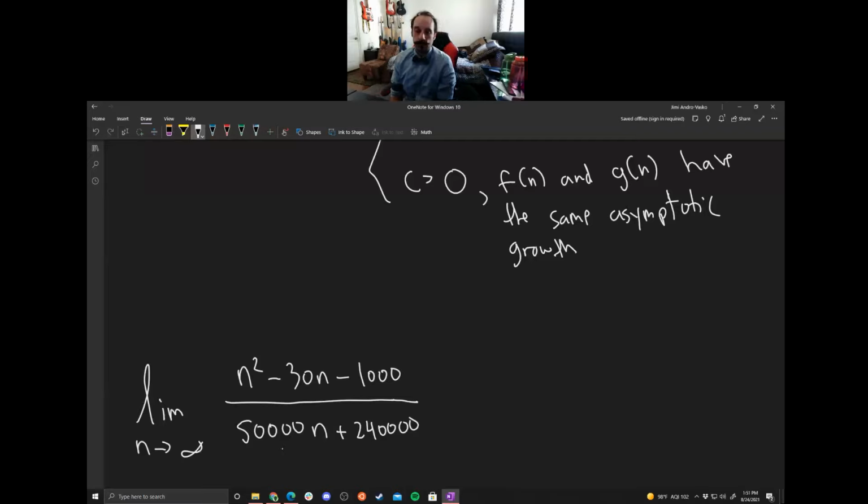However, the function up top will pass it. As n gets larger, sooner or later, this quadratic function will pass that linear function below. It's like the tortoise and the hare story. The hare has a very big head start, and the tortoise eventually catches up and beats the hare. So we want to show, using L'Hopital's rule, that the function up top does in fact grow at a larger rate. So let's go ahead and try that.